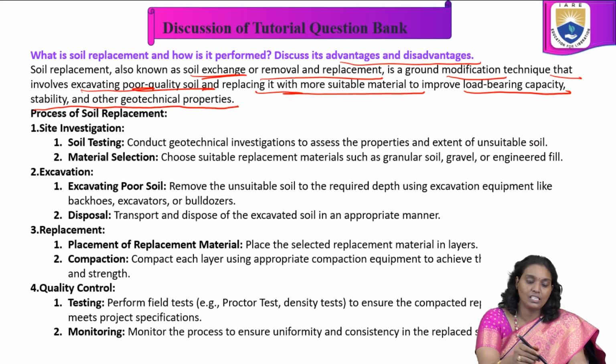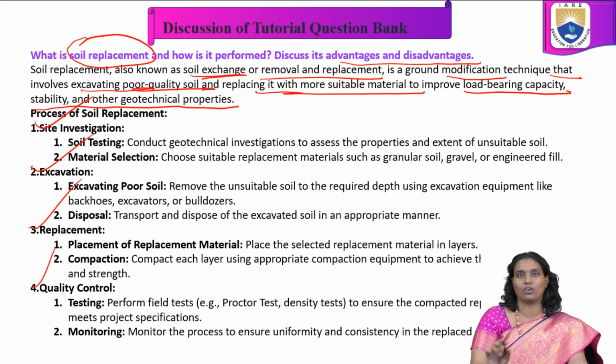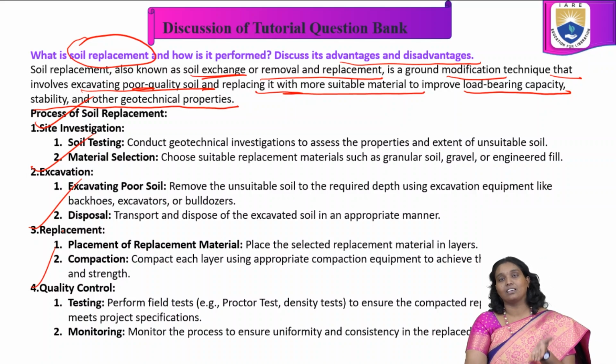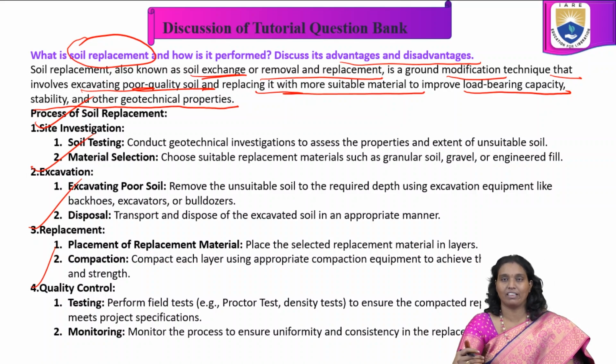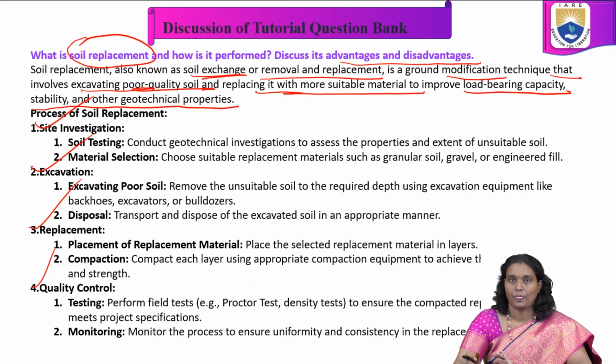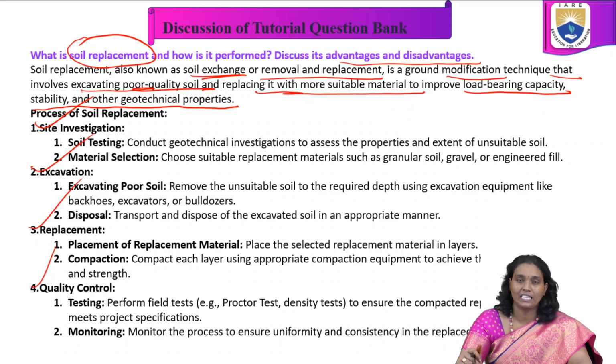We choose this soil replacement method. In this: site investigation, excavation, replacement and quality control. Previously, for other techniques, site investigation was the common parameter for almost any technique. And the next one is compaction. Excavation depends upon the type.